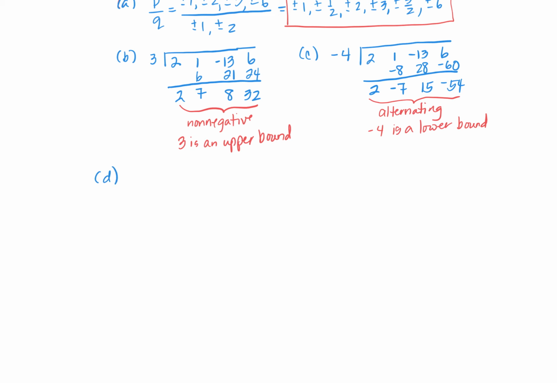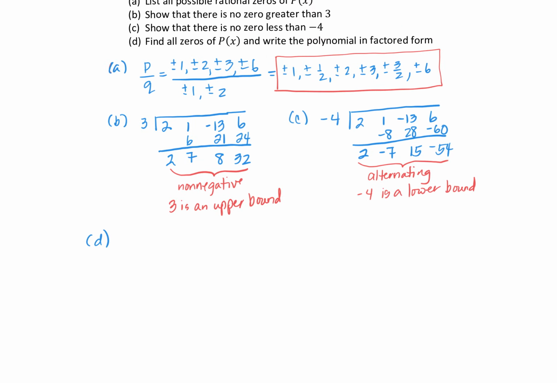Part D says to find all the zeros of p of x and write the polynomial in factored form. So going back to our choices of rational zeros in part A, because of our upper bound being a 3 and our lower bound being a negative 4, we can take out the plus or minus 6 from our choices. So what we're going to do now to find the zeros is use synthetic division.